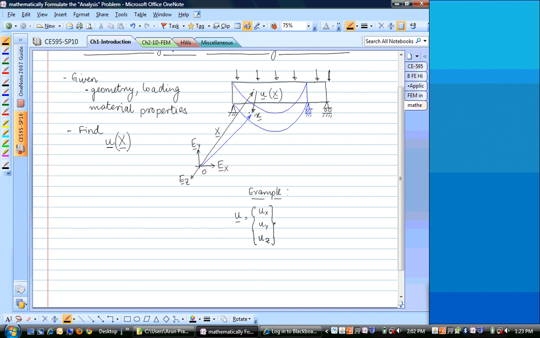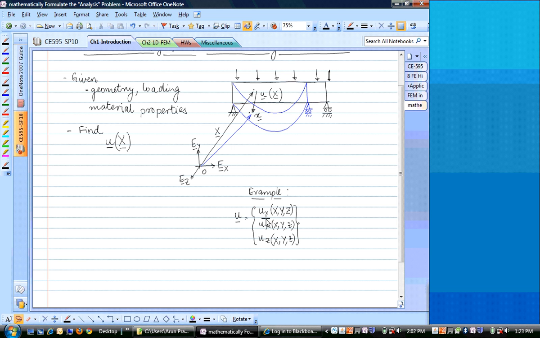So this is a three-dimensional displacement field, and each of those components are functions of big X, big Y, big Z. This is how we typically represent a displacement field.